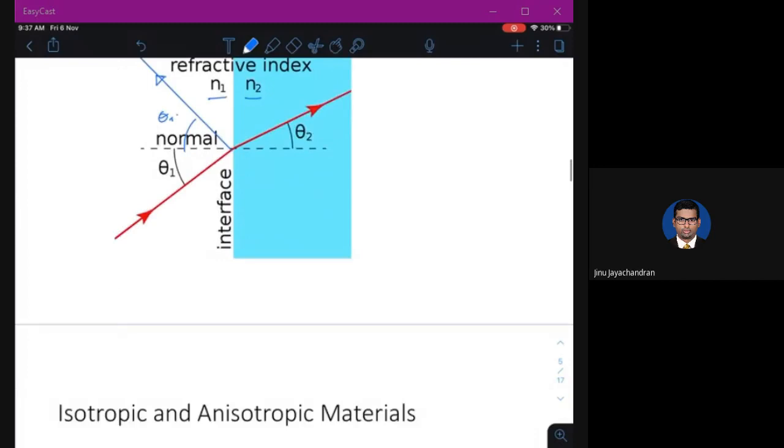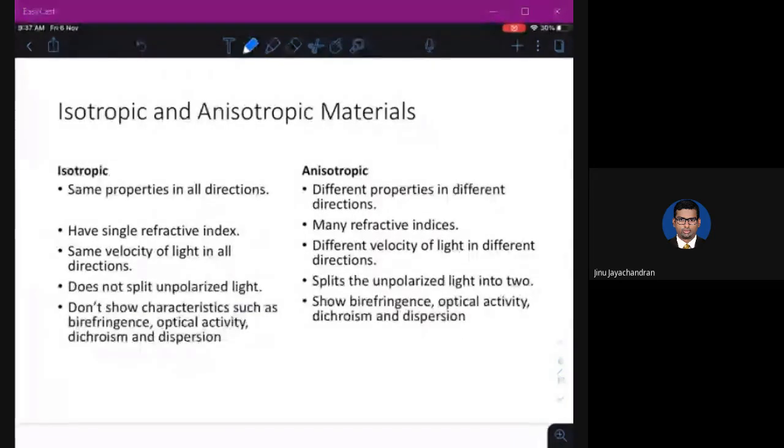So the next concept is regarding isotropic and anisotropic materials. We need to know the difference between these two. Isotropic materials are those whose properties are the same in all directions. For example, the refractive index of an isotropic material is the same at any position and in any direction.